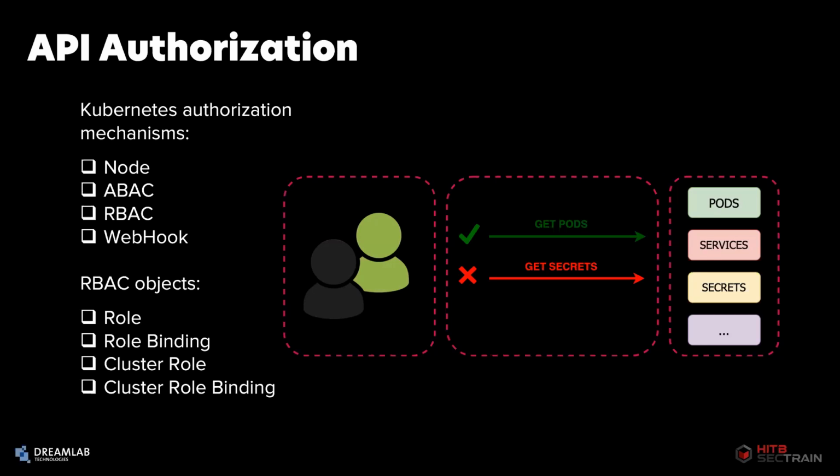By default, there is always one, but the default account doesn't have privileges by default. You should check it, because maybe the administrator binds some privileges to the default account. That would be very bad from a security point of view. Or maybe the pod has another specific service account that has some privileges that we can abuse.